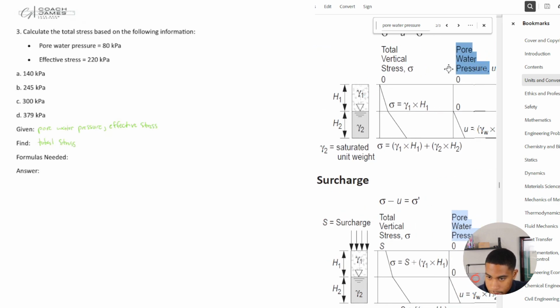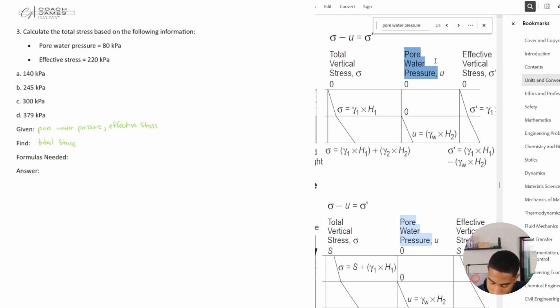So by knowing that, how can I take the information that I have and calculate what I'm looking for, which is total stress? So total stress minus U is equal to effective stress. Right?